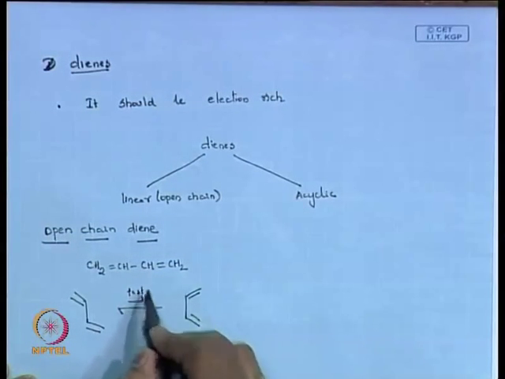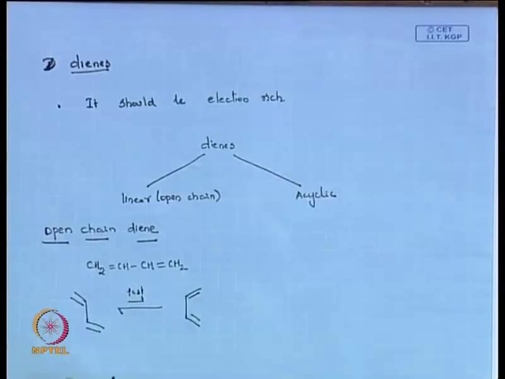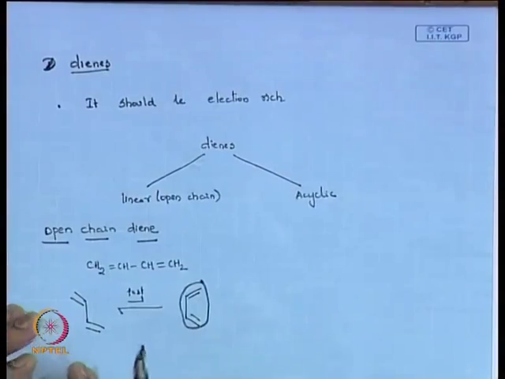Butadiene can exist in a transoid form and a cisoid form. Which geometry should it have to do a Diels-Alder reaction? This is the preferred one: it should be in cisoid form. In transoid form, that is a limitation.